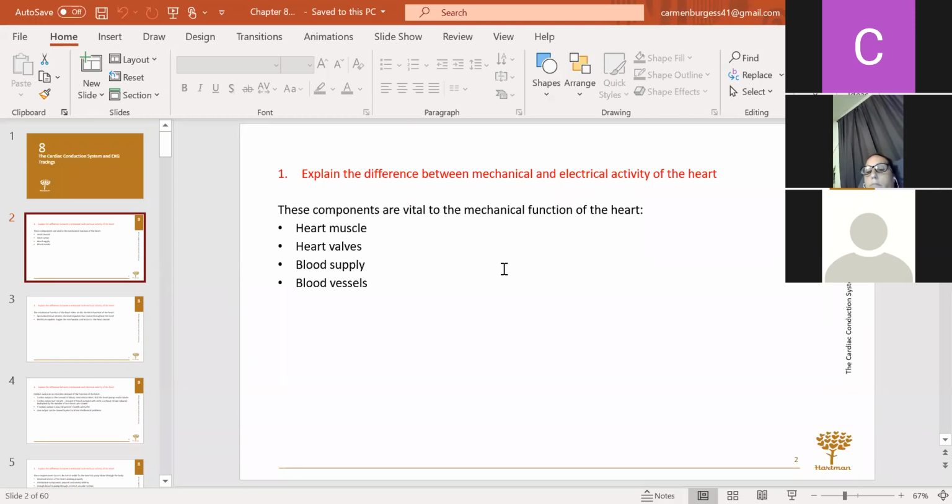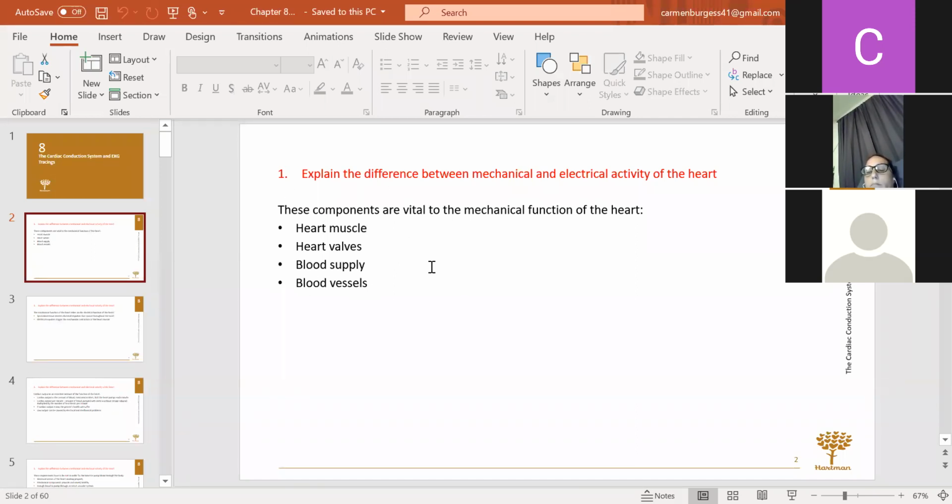That muscle, that thick muscle in the middle, that is contracting. That's the mechanical action of the heart. That is not electrical. Has everybody got that? Mechanical and electrical, two different things going on. So vital to the mechanical, what do you have to have? Everybody see these four things?